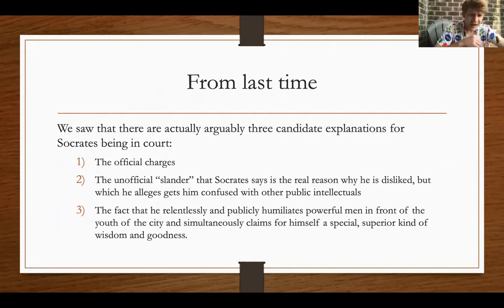Okay. And the last thing we talked about is a little bit about his method, where he finds people who claim to be wise, questions those people, and then develops his own superiority, right? This is the Socratic method, where you just ask someone questions and keep getting them to say different things. And so when they say different things, they realize that they don't have coherent views.